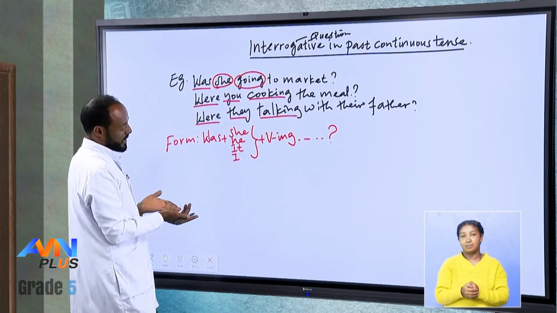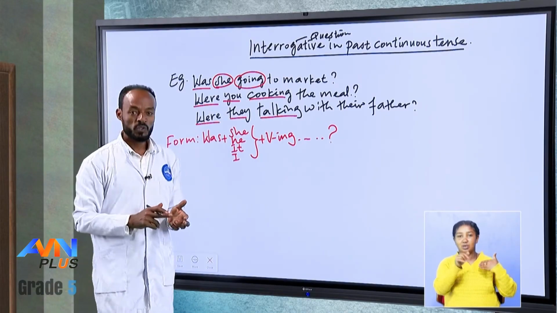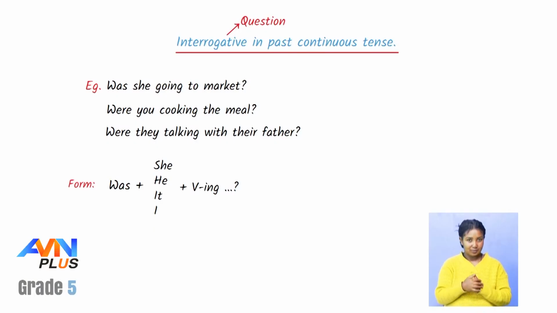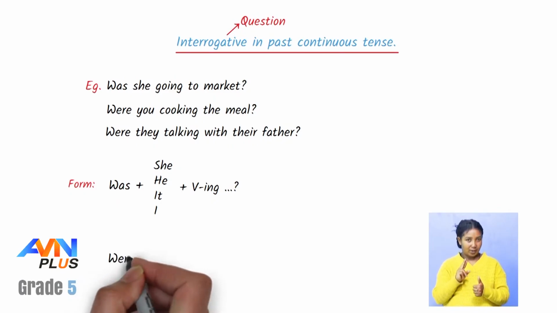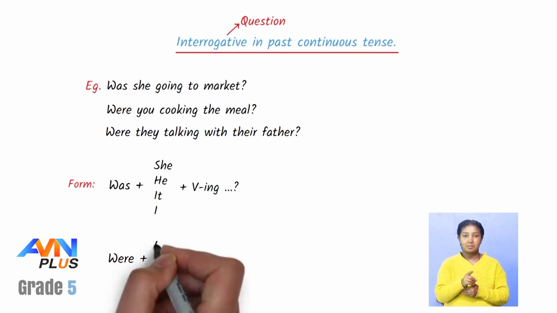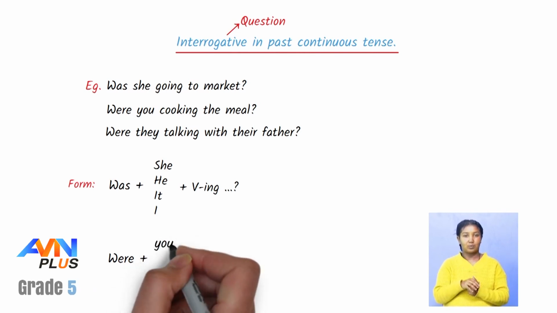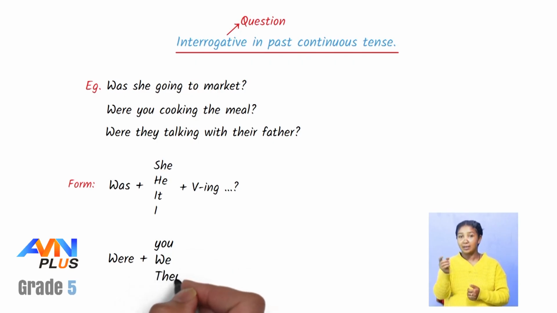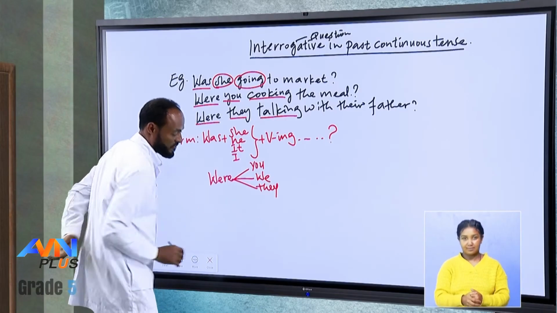Bravo. So what about if the subject is you, we, and they? Look, we have to say here, were, then, what? You. Again, we, and they. Don't forget.